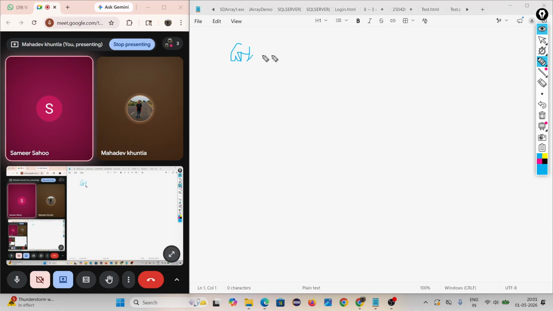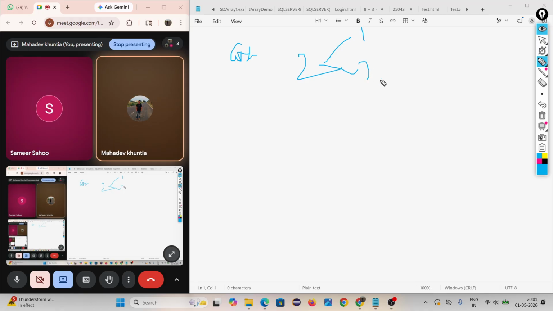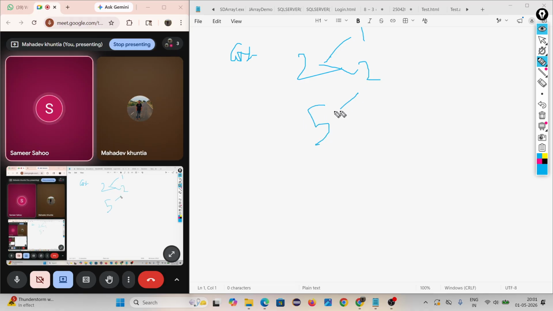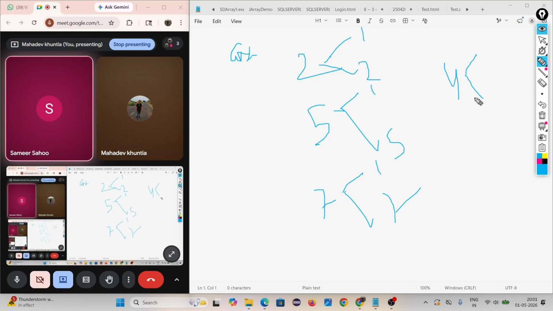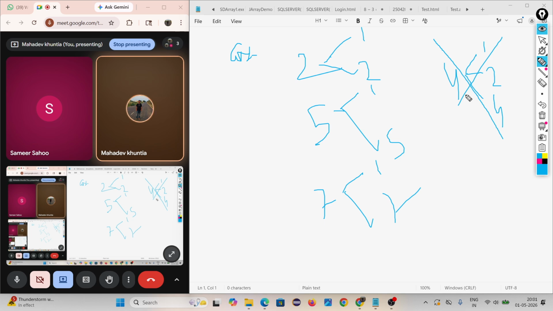For example, 5: 1 and 5. 7: 1 and 7. 4: 1, 2 or 4, so it has 3 factors. So it does not come under the prime number category. It is a composite number.